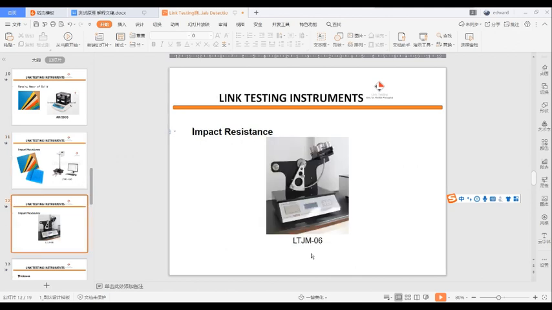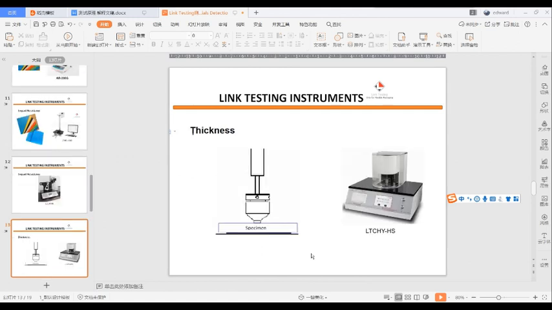With the pendulum one, you will get the energy, how many joules this material can bear. It follows different standards. You can get different data in different units. Anyway, you must ask your customers what standards they follow, and then we will give you the suggestion. Okay, next one. This is the thickness tester.